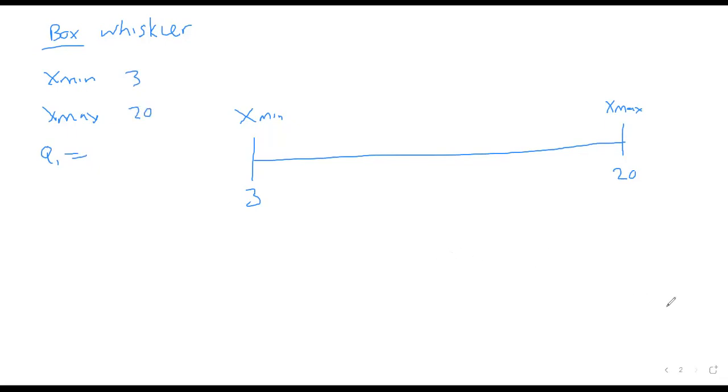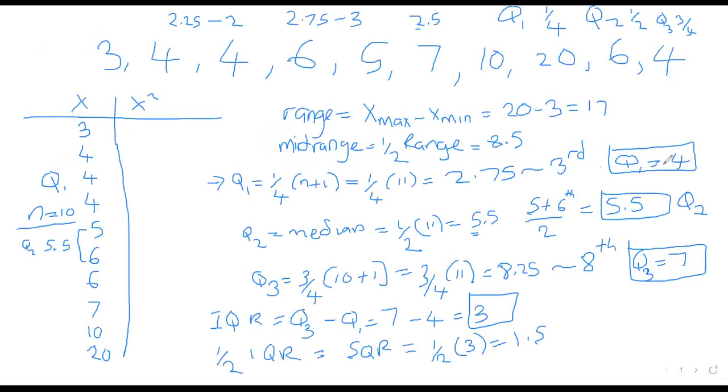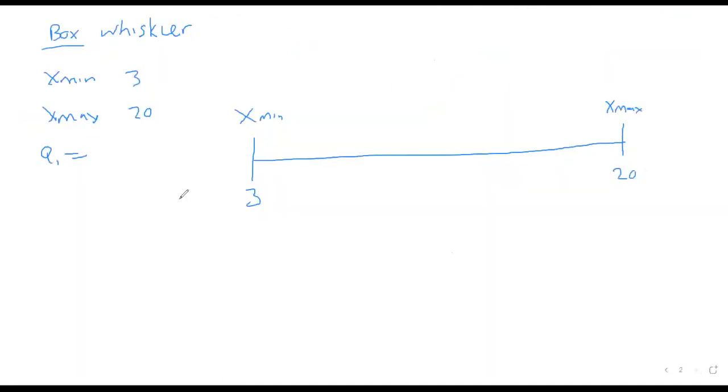First quartile was 4. Okay. And the upper quartile was 7, and the median was what? 5.5. So 4, 5.5, and 7. This is Q2, Q3.